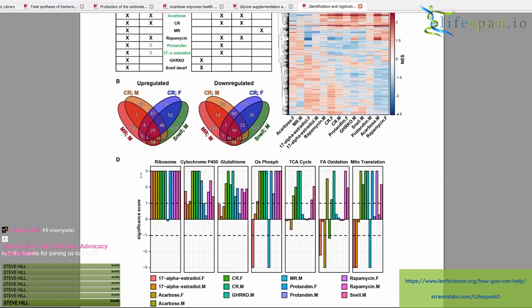So they are upregulated across both males and females across different interventions. Another common biomarker is the upregulation of cytochrome P450 and glutathione metabolism genes, and also oxidative phosphorylation. Others are more specific. For example, you can see fatty acid oxidation may be upregulated or, on the contrary, downregulated, depending on the type of intervention. So this is a more specific mechanism.